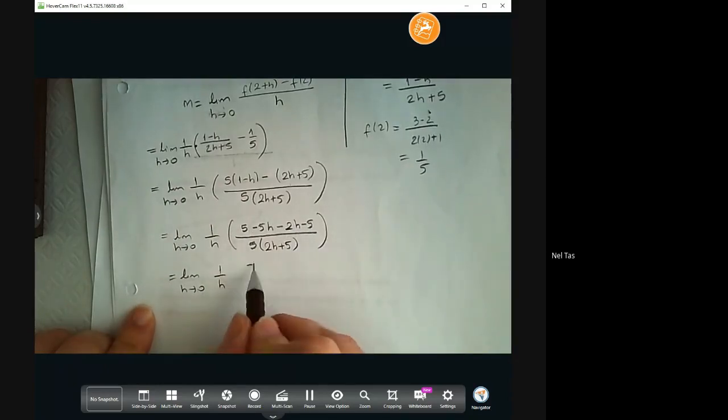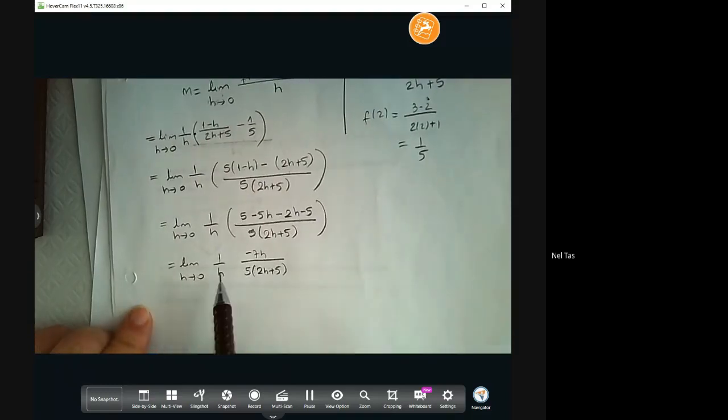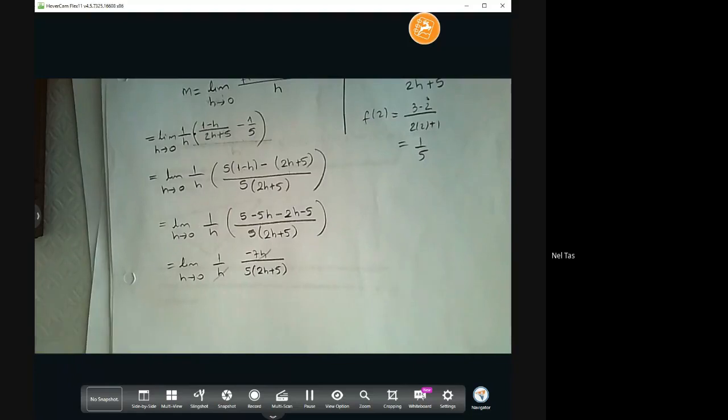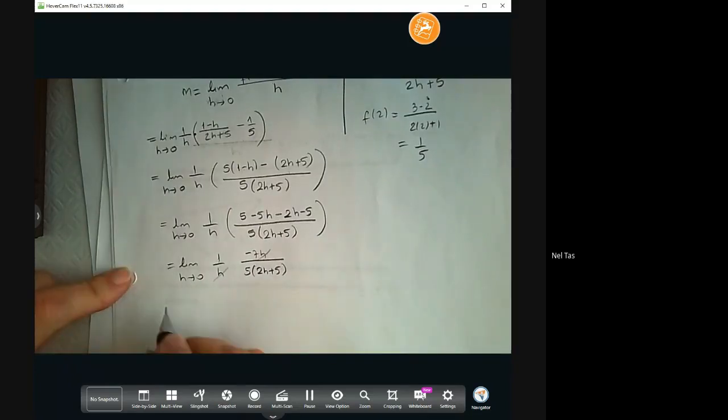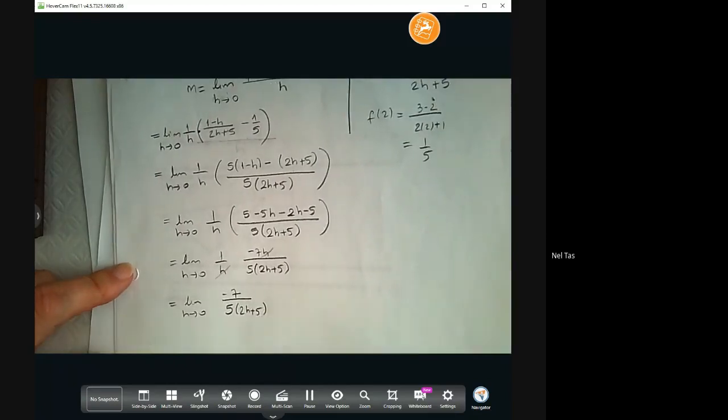You end up with negative 7h over 5 times 2h plus 5. Now you can simplify h, and as you do that, you remove the 0 over 0 situation. You get negative 7 over 5 times 2h plus 5.